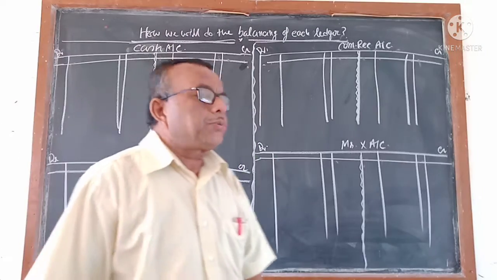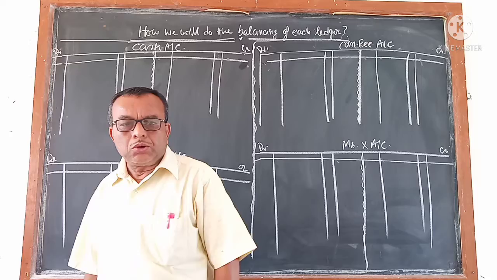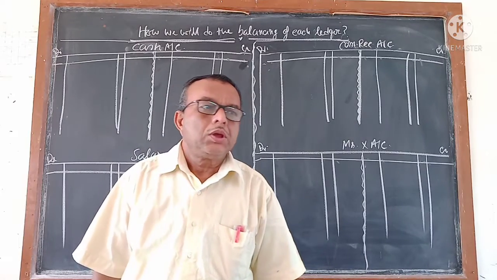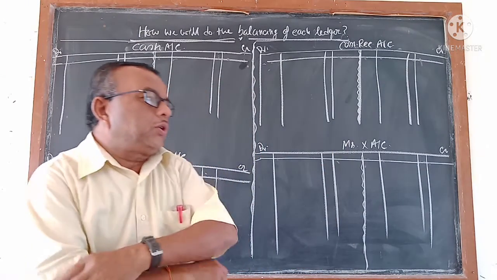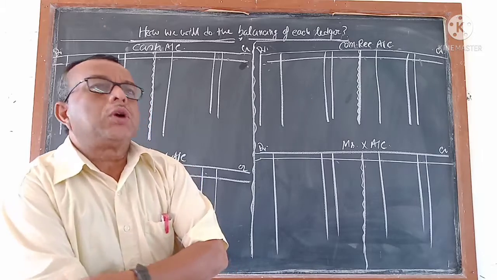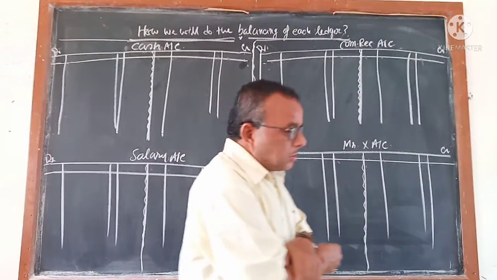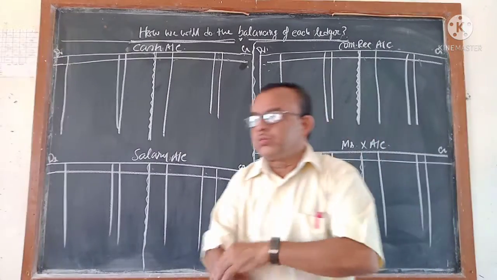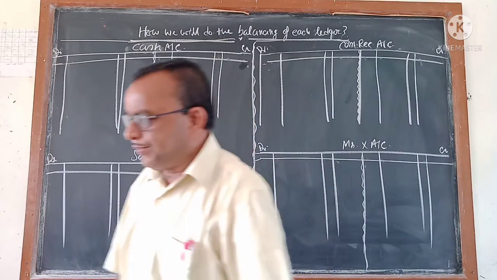This chapter I taught you in my own method. If you like, you can follow it, otherwise you can follow the method given in your textbook. That is also more or less the same.